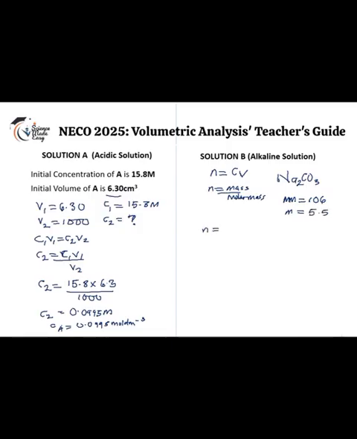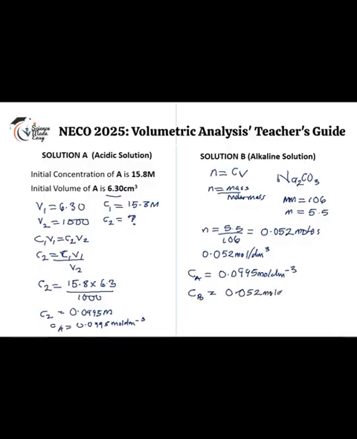Therefore, n is equal to 5.5 divided by 106. And this gives us 0.052 moles, which implies that there are 0.052 moles in 1 dm³. So the concentration becomes 0.052 mole per dm³. So far, our estimated concentration of A is 0.0995 moles per dm³, while our estimated concentration of B is 0.052 moles per dm³.